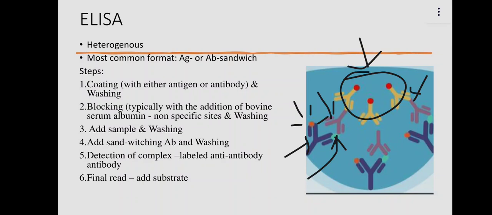So the labels are able to be obtained commercially, and that reduces expense. So rather than directly trying to produce antibodies that are labeled for your own experiment, you can obtain commercially available labels, which makes your work easier.